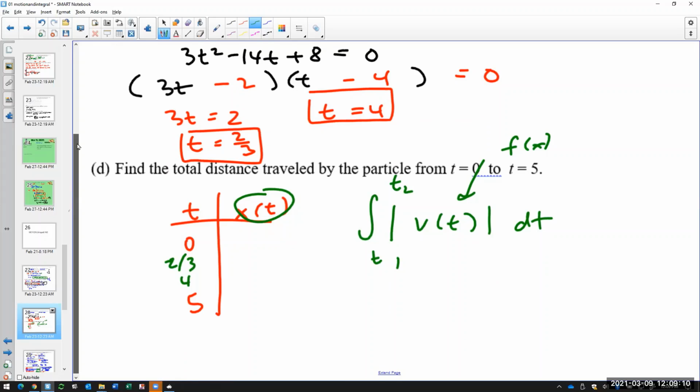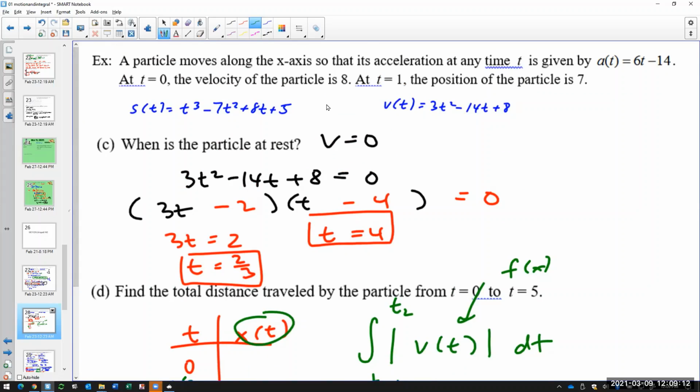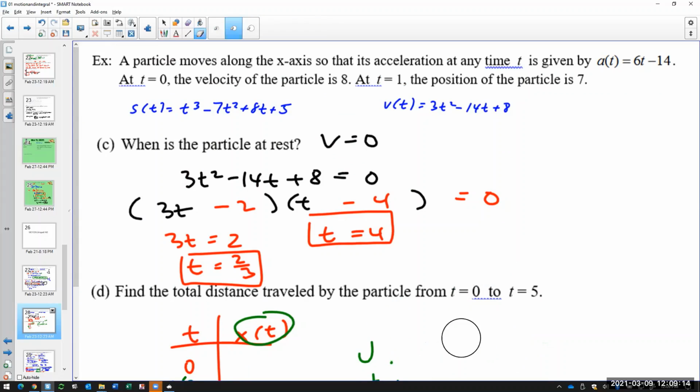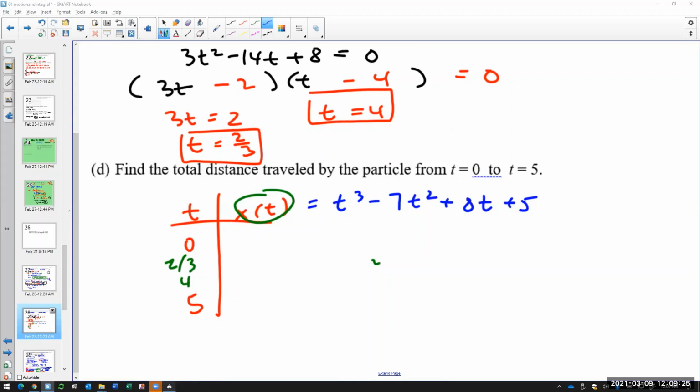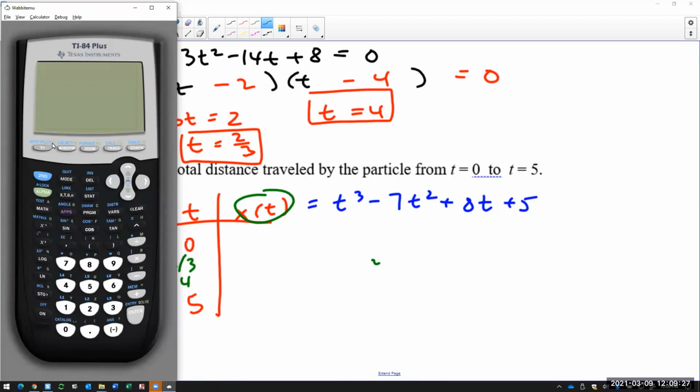Okay, so on the table, my x of t is this formula right here, t cubed minus 7t squared plus 8t plus 5. I'm just going to put that right into my calculator. Remember, if you make that your y1, you can generate your table. You actually have to turn on your calculator first. Okay, there we go. So I'm going to clear this stuff here.